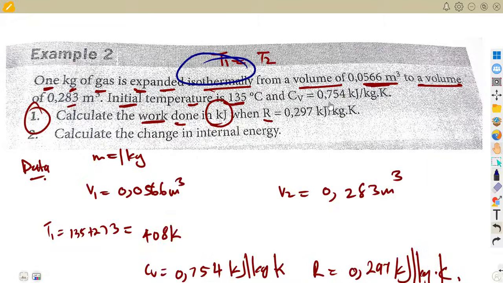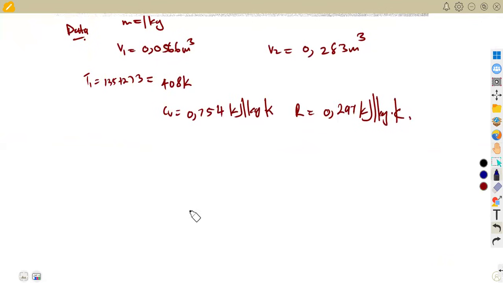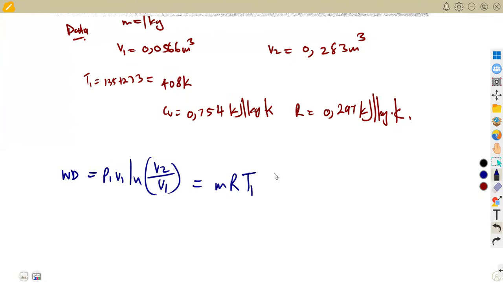So we are supposed to choose again the formula for work done, and we saw those formulas that I wrote before that we can use to calculate the work done. All right, so there was this formula which was direct. Remember, I said from the formula P1V1, P1V1 ln V2 over V1, we can relate this as MRT1, the ln V2 over V1 again.